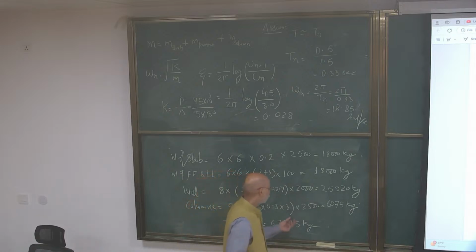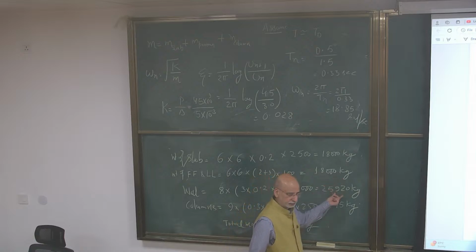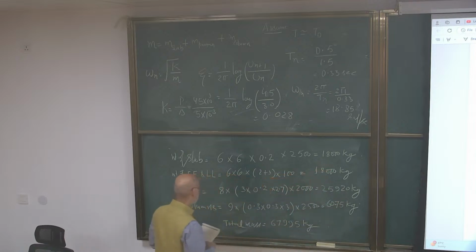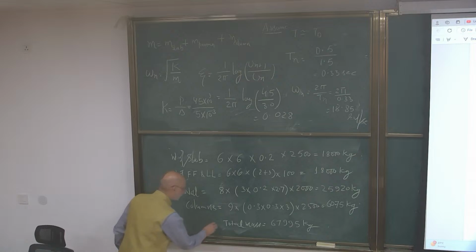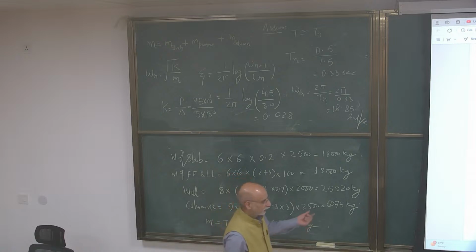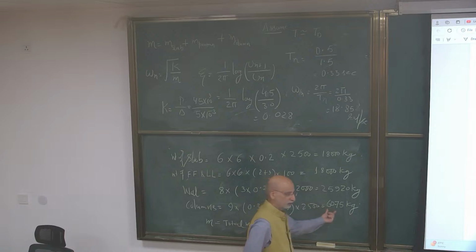So that means your full mass is lumped. Each level full mass is lumped. But if you come to the top level, then how much mass is there? So this mass you have to reduce.